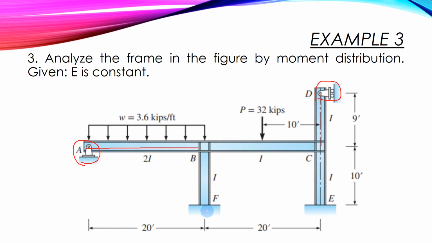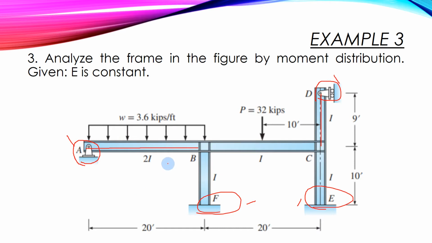Then F is a fixed support, and E is a fixed support, so we don't have any problems about that. Also expect that the moments at A and D are 0, because simple supports will not induce moments.